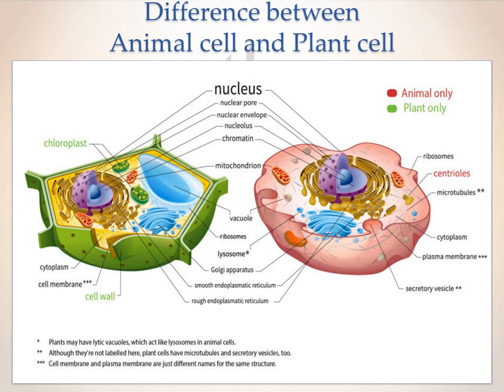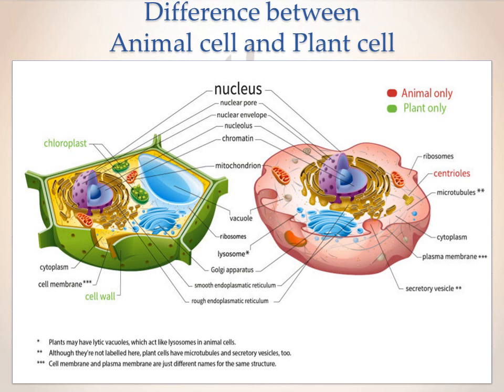This is the structure of the plant cell as well as the animal cell. You can see each and every structure easily. In the center, both of them have the same nucleus. In the plant cell the endoplasmic reticulum is scattered, but in the animal cell it is close to the nucleus.